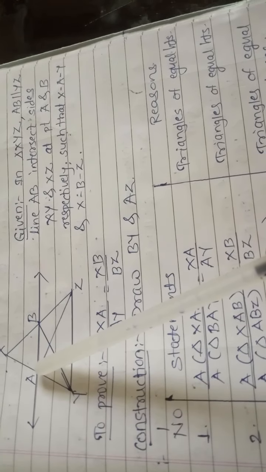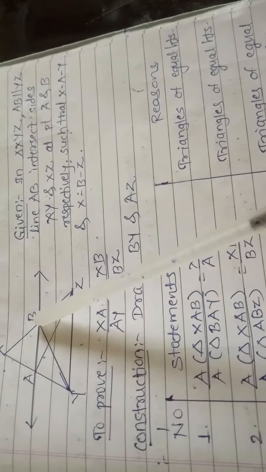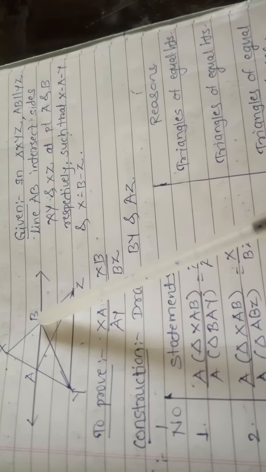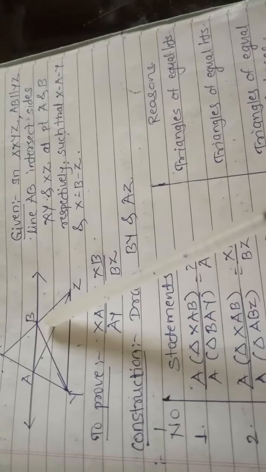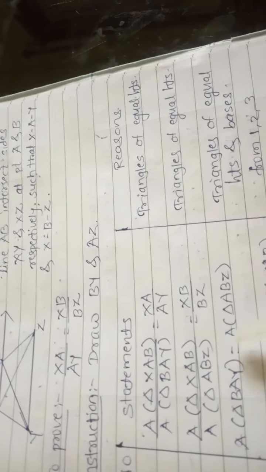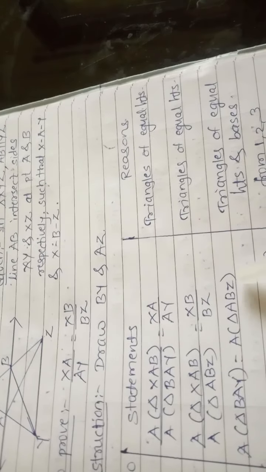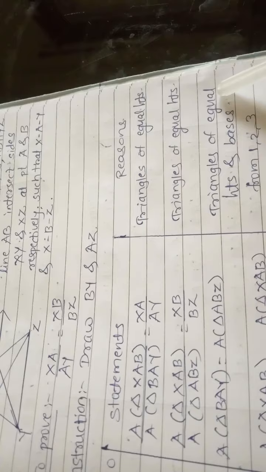And now see, the bases of these two triangles are also the same, that is AB is the base of both the triangles. That means these two triangles have equal height and equal base, so their areas are equal. So we can directly write that area of triangle BAY is equal to area of triangle ABZ. Why? Because these triangles have equal heights and equal bases.